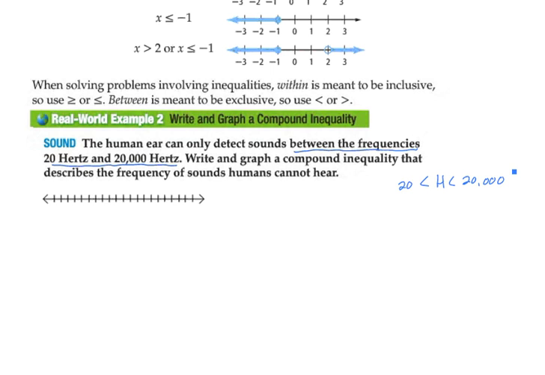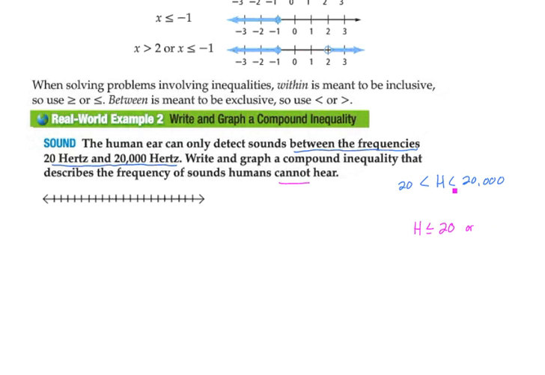Okay. However, we're supposed to write and graph a compound inequality that describes the frequencies of sounds humans cannot hear. So everything not that. Okay, so if we can hear greater than 20, that means that we cannot hear less than or equal to 20.